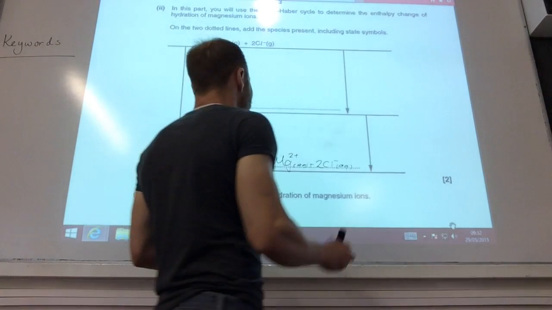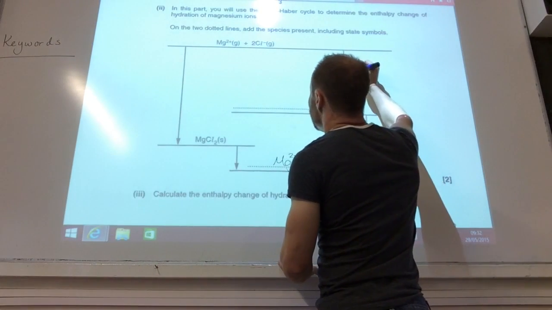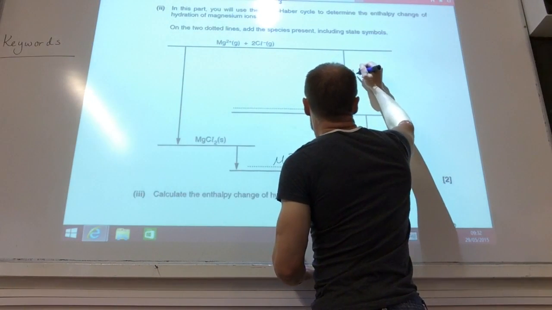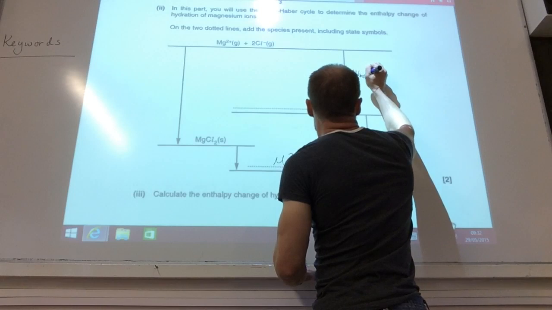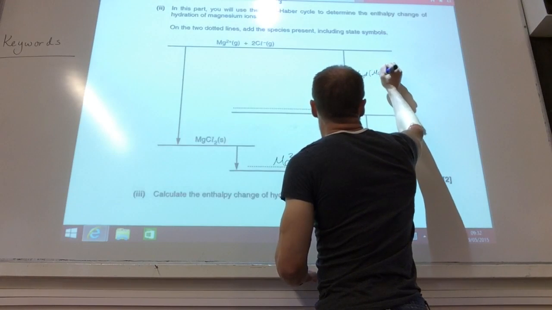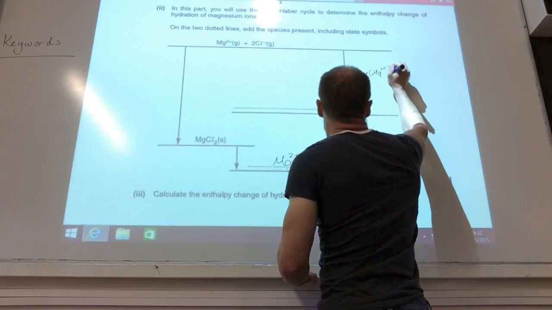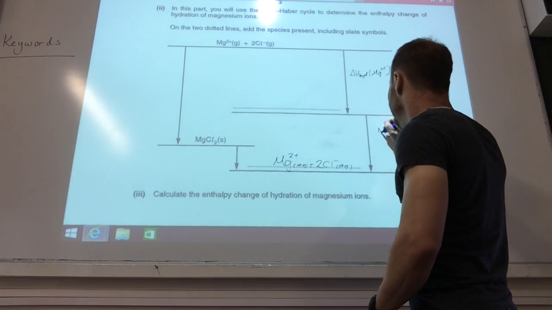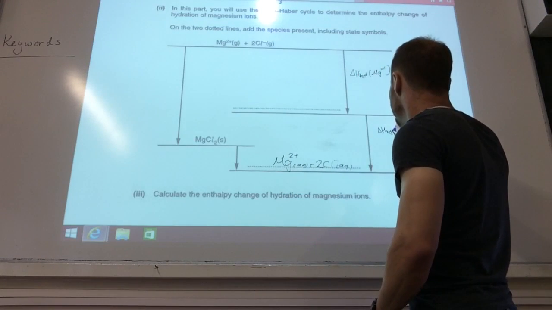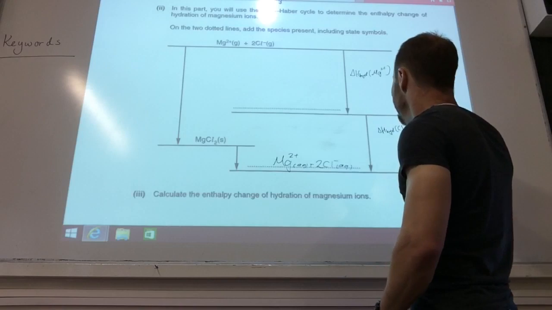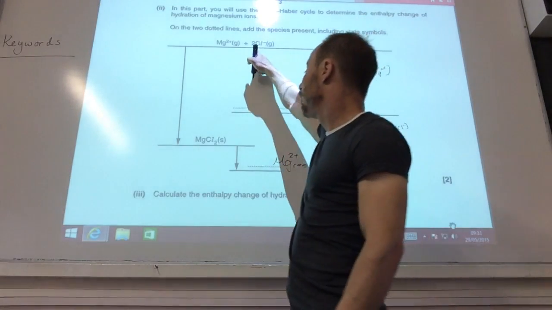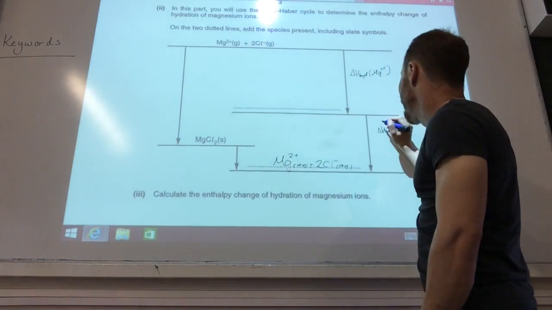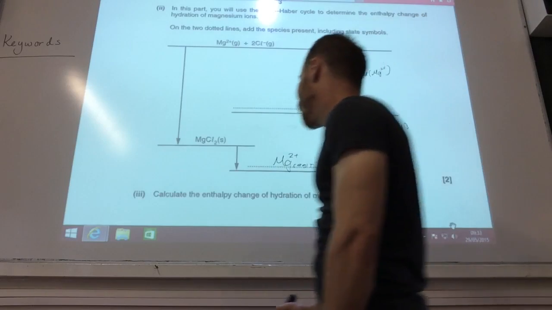Doesn't really matter which order you do this in. The first one we'll say is delta H hydration of Mg2+. And then the second one is going to be delta H hydration of Cl-. But notice we've got 2 of those, so that will actually be 2 times that.